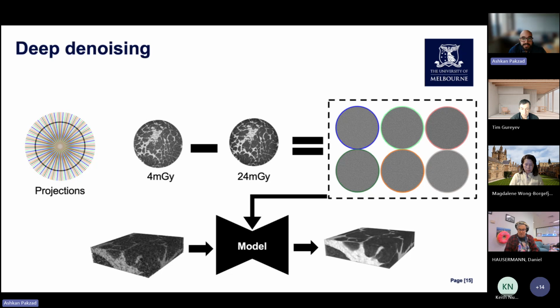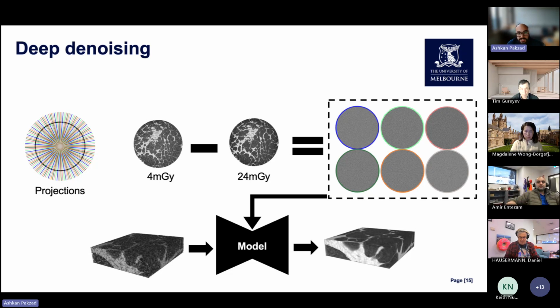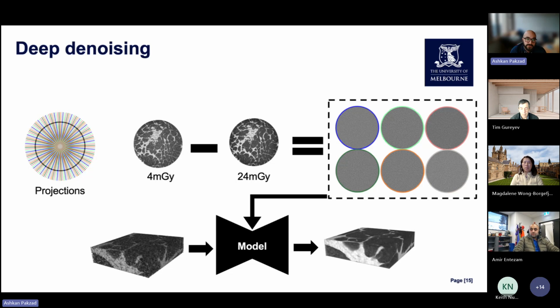And so we have 6 different independent measurements of noise which are completely uncorrelated. And we can train the model to get back, in a way, to that 24 milligray image.